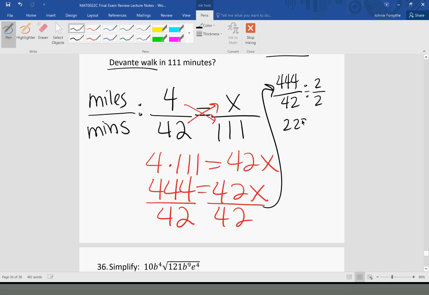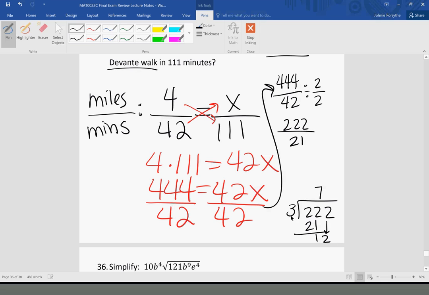That'll give me 222 over 21. I think I can divide. Let's try by 3. Can 3 go into 22? 222. So 3 goes into 22 7 times. 7 times 3 is 21.